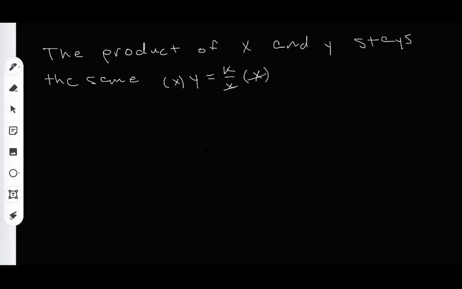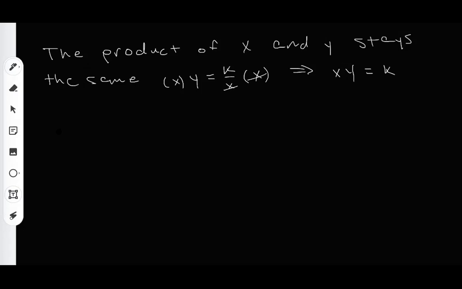So these are gone. And you're only left with k on the right side. And on the left side, you have x times y. So you get x times y equals k. So that's why it's important to say that the product of x and y, those two variables, is going to stay the same throughout the entire problem. And that product of x and y is going to be k. Okay, so the product of x and y stays the same.